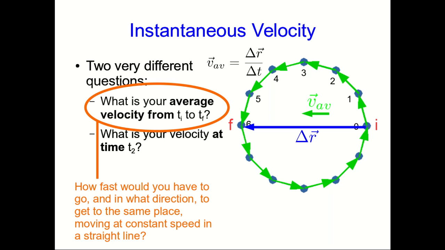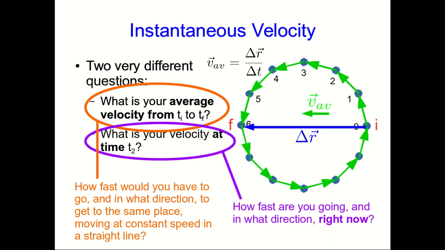Now let's think about that other one, your velocity at time t2. Now we can rephrase it. How fast are you going and in what direction right now, where right now means t2. That seems like a simpler question, doesn't it? But how would you answer it? Well, in practice, what you might do is measure the circumference of the circle and measure the time it takes you to go around the circle, divide the one by the other.